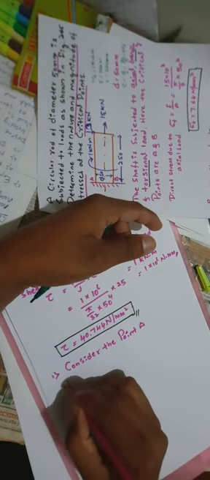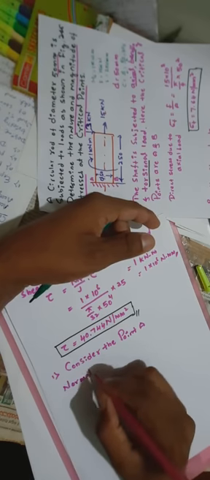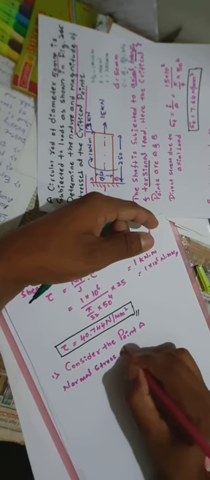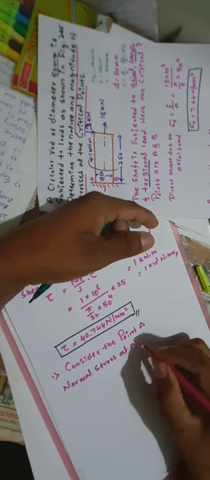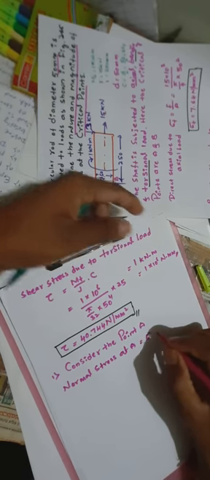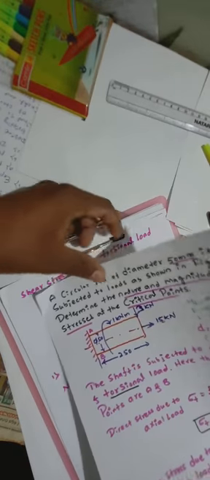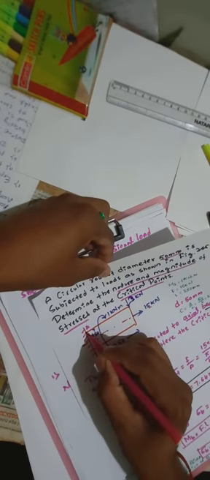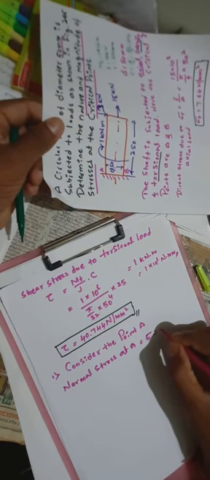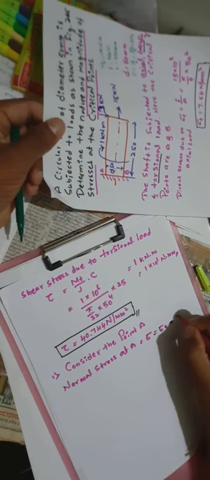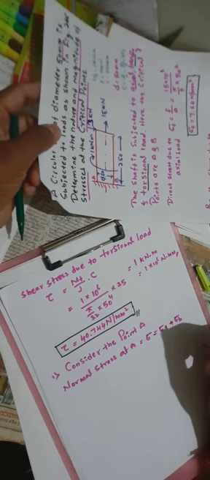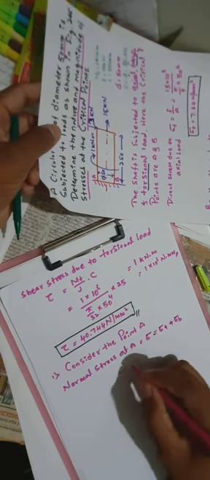The normal stress at A, sigma, is equal to sigma T plus sigma B, tensile plus bending. So what is sigma T?